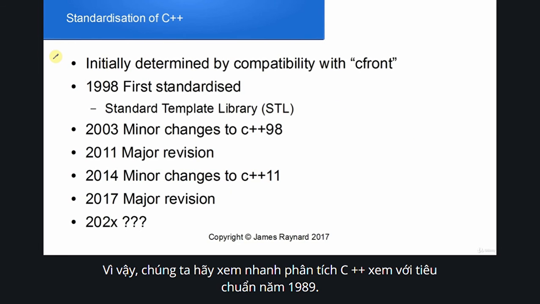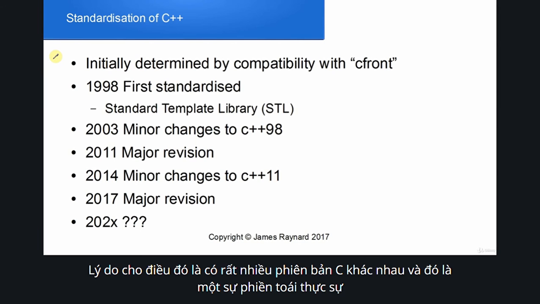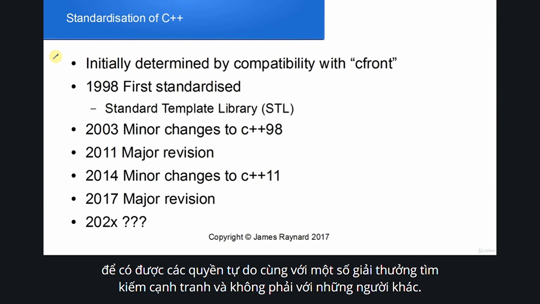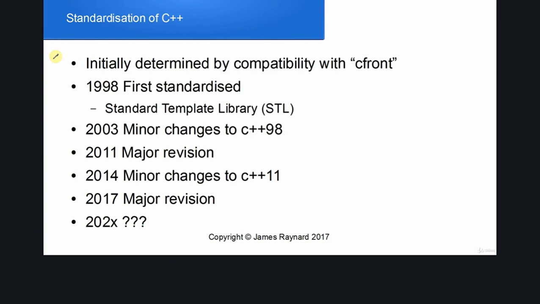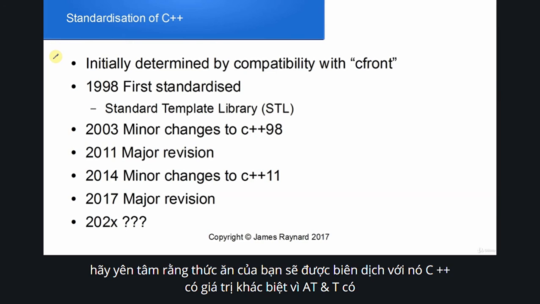So finally, let's have a quick look at the standardization of C++. C was standardized in 1989. The reason for that was there were lots of different versions of C around, and it was a real nuisance having programs that compiled with some C compilers and not with others. So they came up with a standard, and every compiler had to compile with the standard, so you could be assured that your program would compile with it.